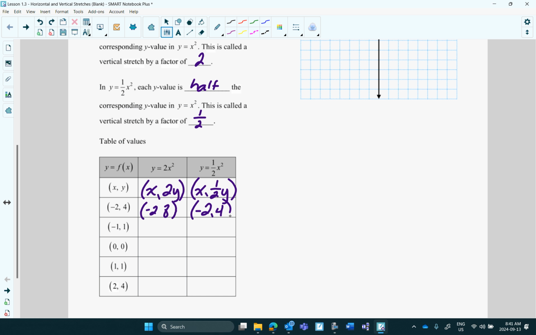It could be any shape of function. Could be an absolute value function. Could be a funky looking function. When you do a vertical stretch, you multiply all the y coordinates by whatever the number is in front of the function.